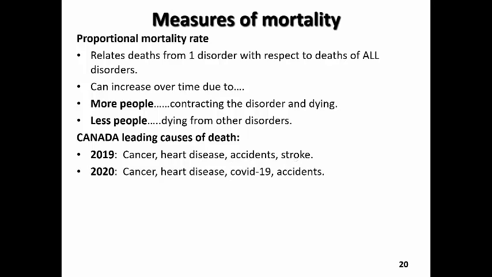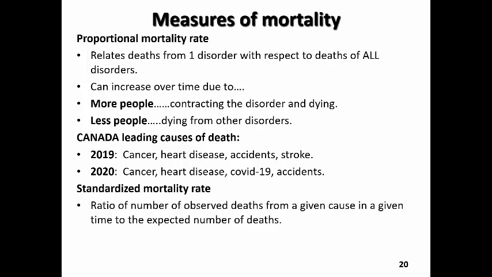In 2020, the leading causes of death in Canada included cancer, heart disease, and COVID-19 was number 3 on the list, pushing accidents to the fourth leading cause of death among Canadians. And so we see here that in terms of proportional mortality rates, more people were contracting COVID-19 and dying, which contributed to that increasing proportion.